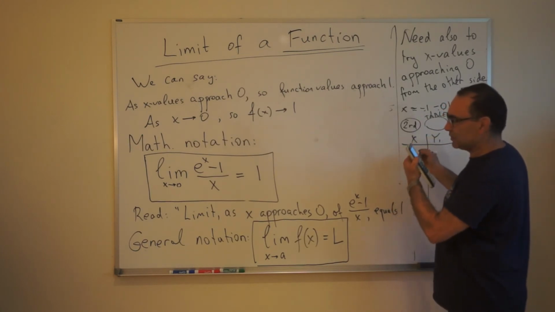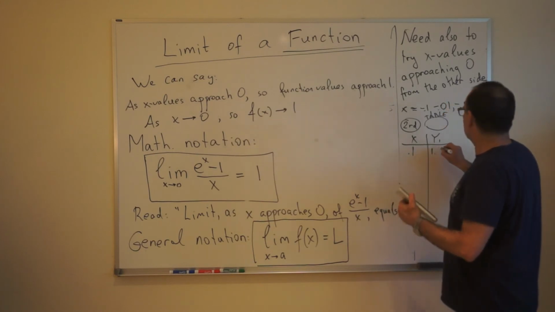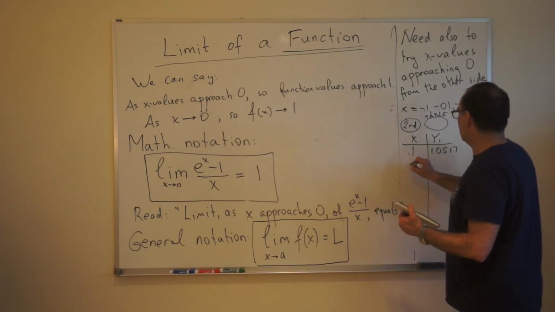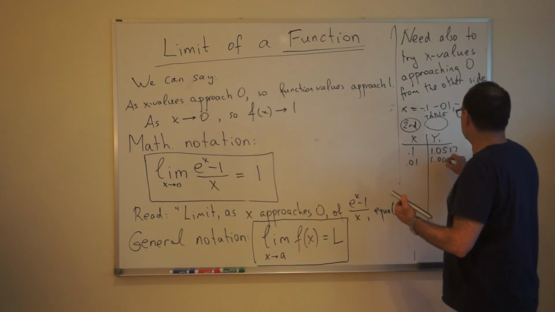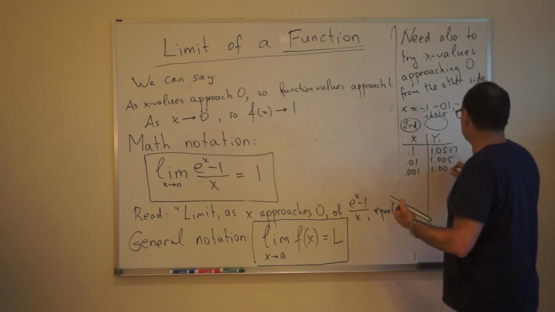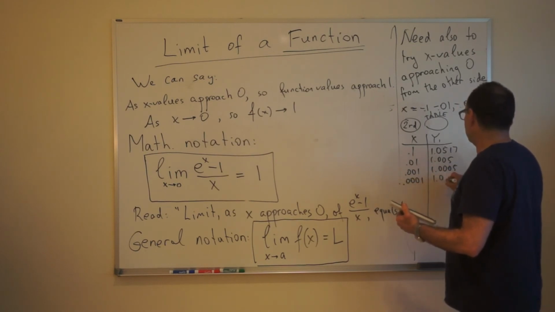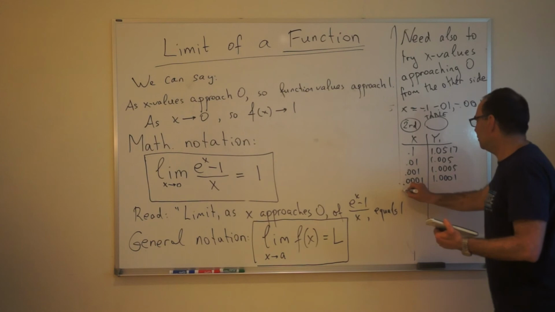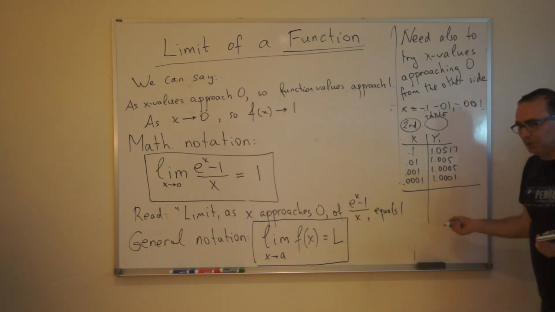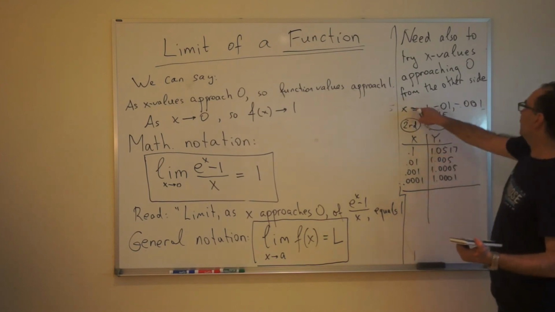What I previously had was 0.1, 1.0517, 0.01, 1.005, 0.001, 1.305, 0.0001, 1.301.